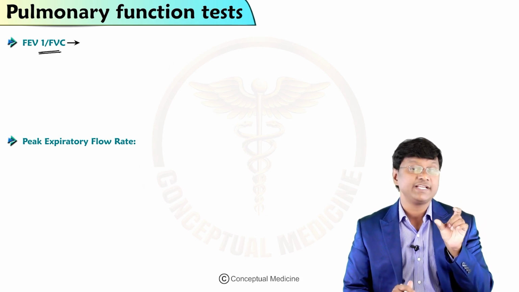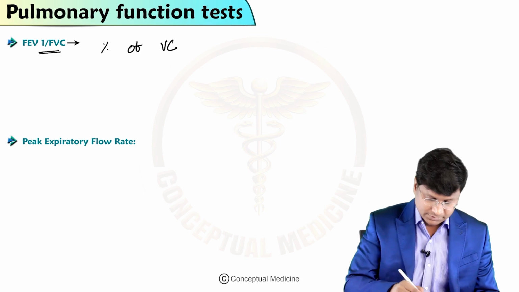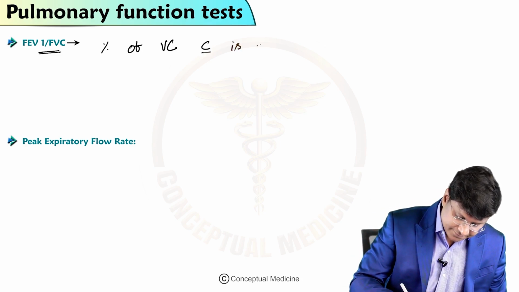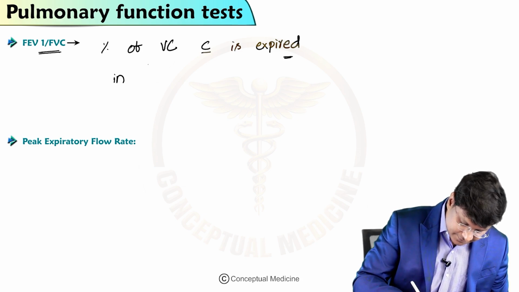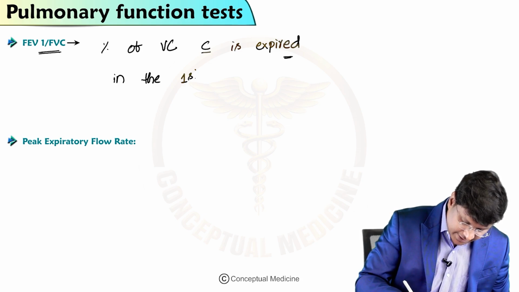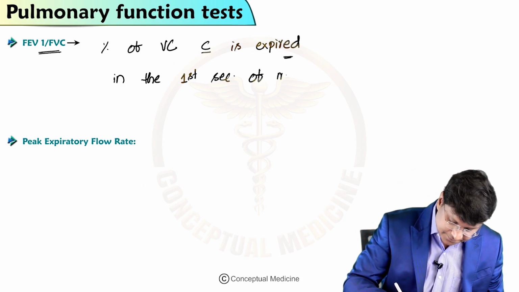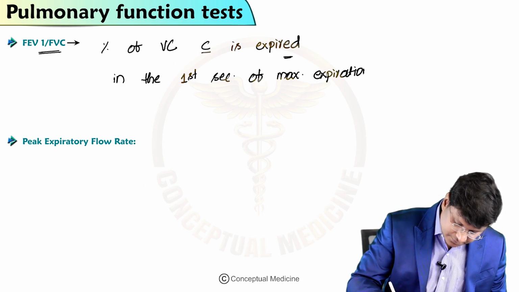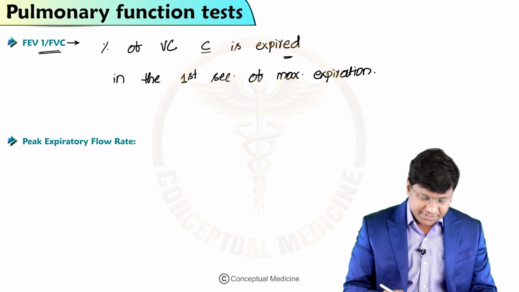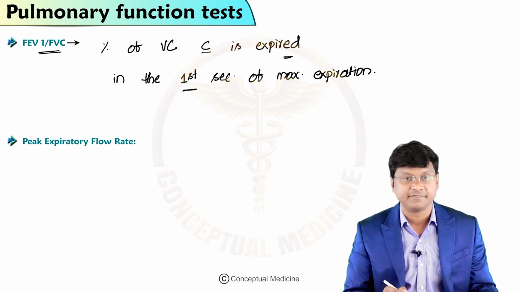It is a percentage of vital capacity which is expired in the first second of maximum expiration. That is what is called FEV₁ by FVC.